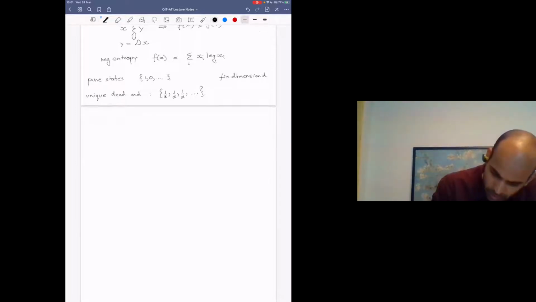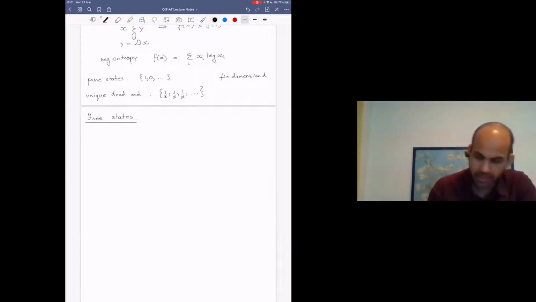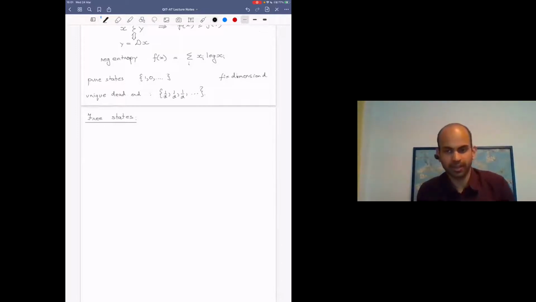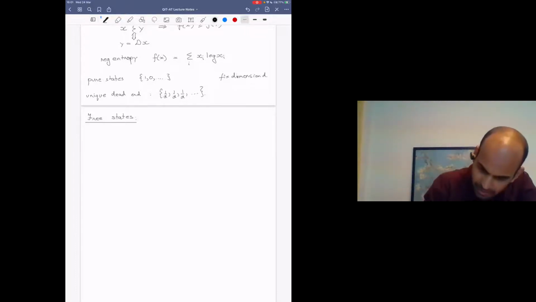Okay. Now, this takes us to the notion of free states. There are two definitions of free states. It turns out that most of the theories that we will deal with actually have the stronger definition. And the weaker definition is the following.